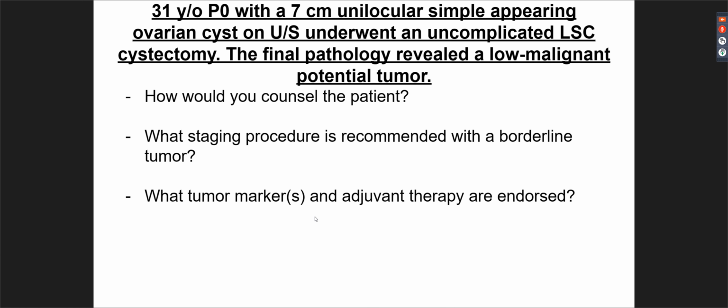So what tumor markers and adjuvant therapy are endorsed? For a simple appearing unilocular cyst, a tumor marker would be CA-125.